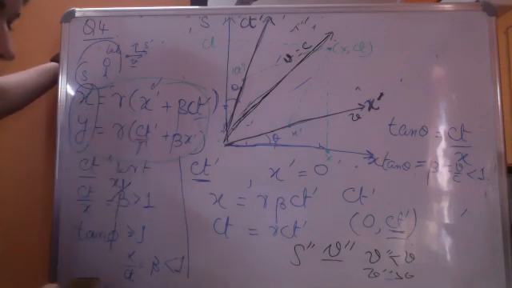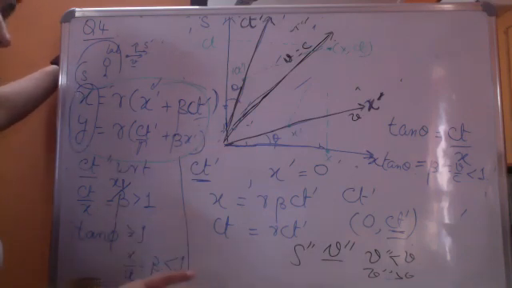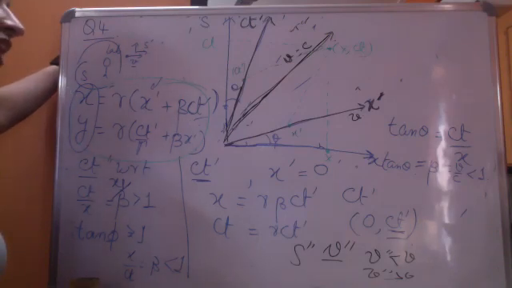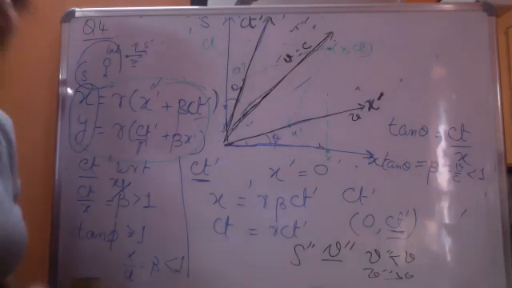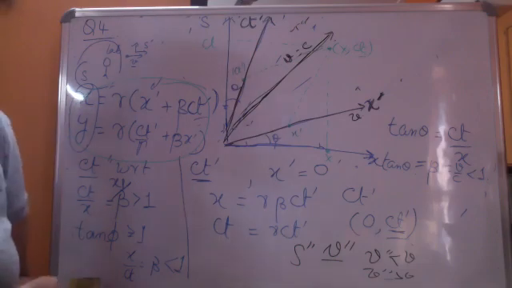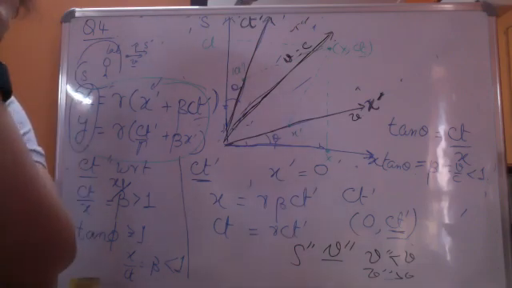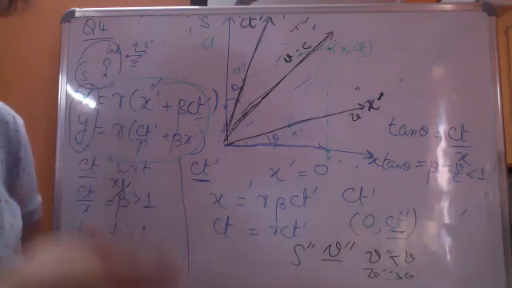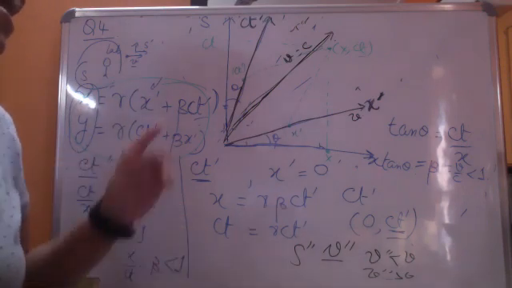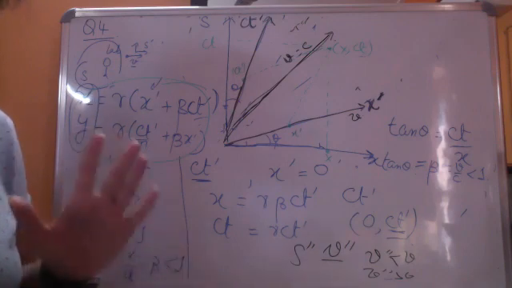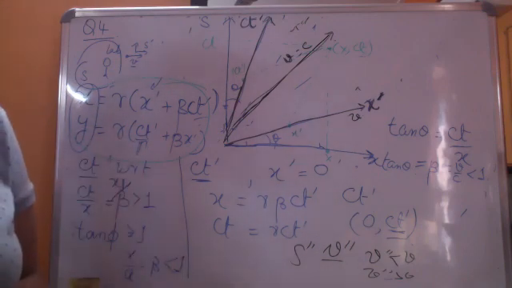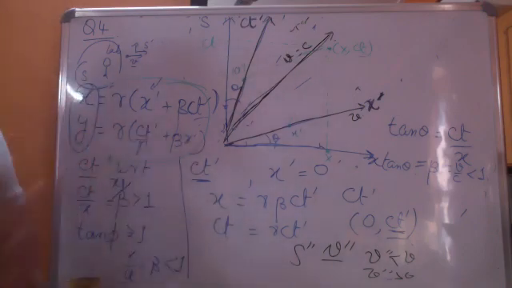So they truly represent world lines. If you think of a particle moving with a constant velocity v in the x ct frame of reference, its motion will always be represented by a straight line, and there can be infinite such straight lines.